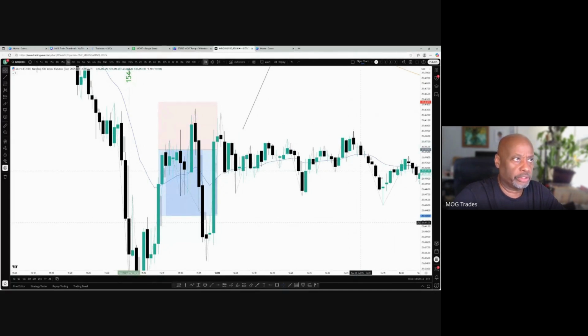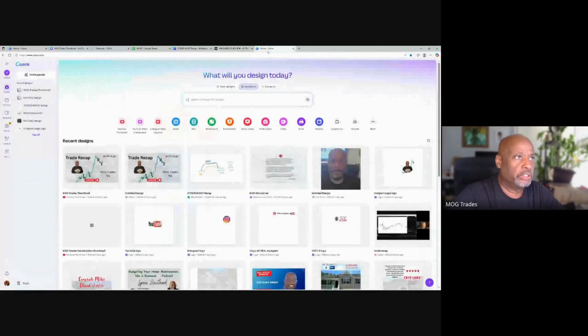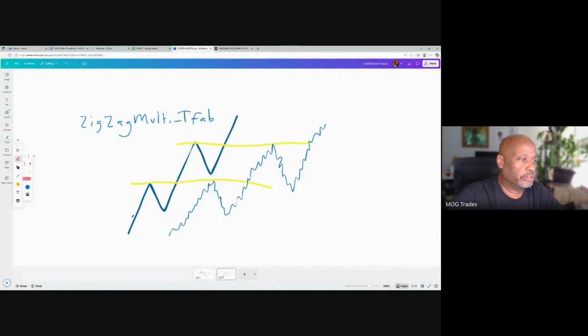Basically market structure, because market structure moves in swings, right? So market structure moves like this: up, pull back, up, pull back. Okay, and sometimes it's difficult for me to tell where the pullback actually stops. What Zigzag does, it will map that out for you.